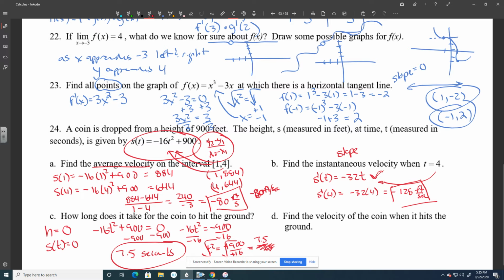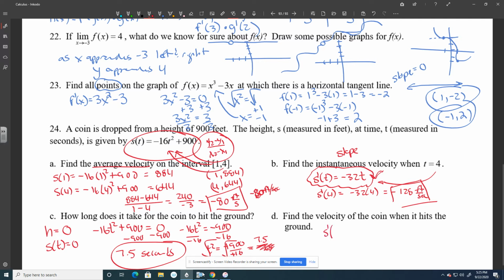Then it wants me to find the velocity of the coin when it hits the ground. So I need to use my velocity formula, my slope formula, and I'm going to plug in the time it takes to hit the ground. That's 7.5.